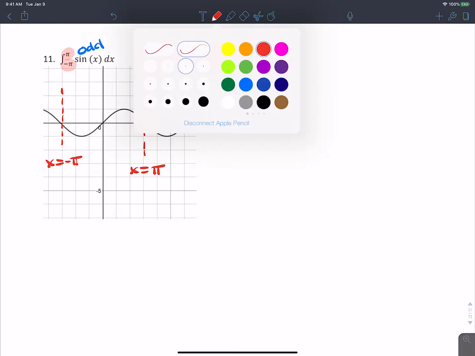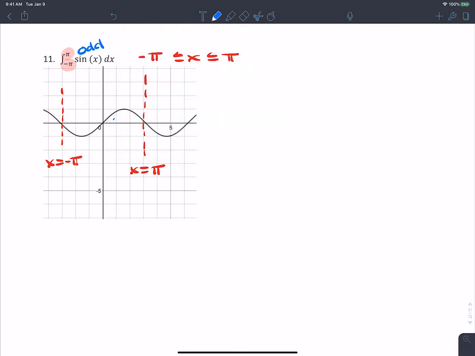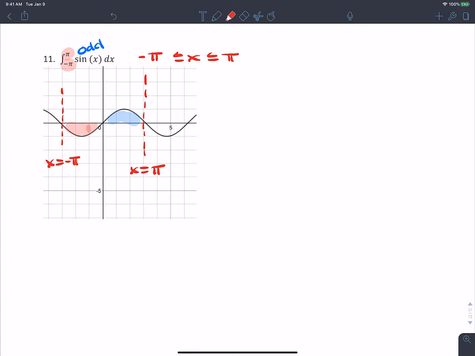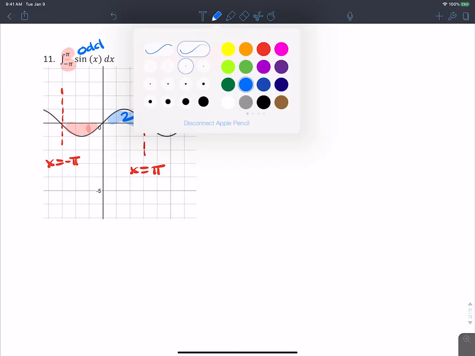Now, earlier we agreed we're going to put the positive area in blue, or area above the x-axis in blue, area below the x-axis in what? In red. What did we just find earlier, though? This area was 2. Now, what do you think this other area is going to be? This is going to be -2.